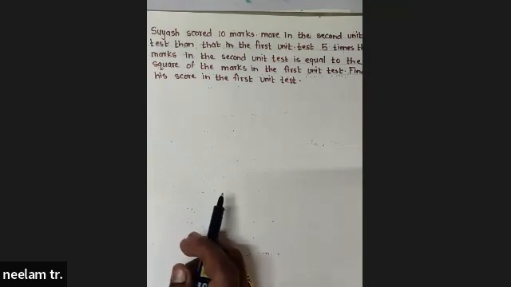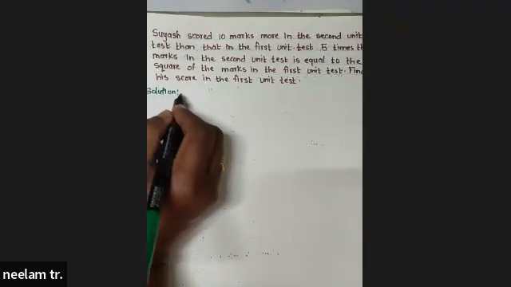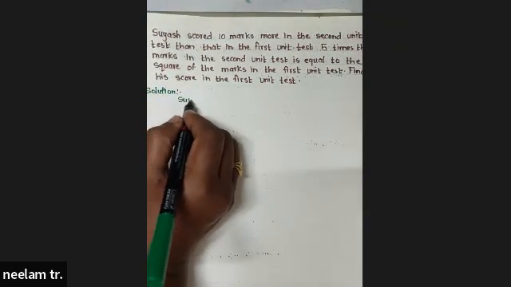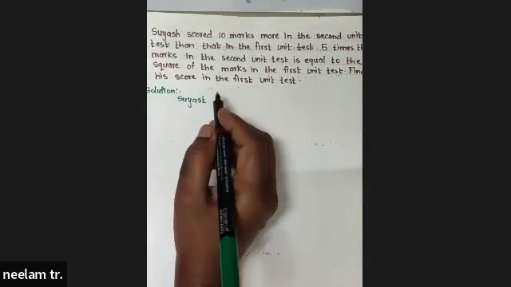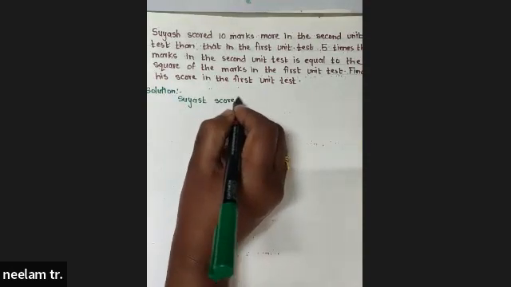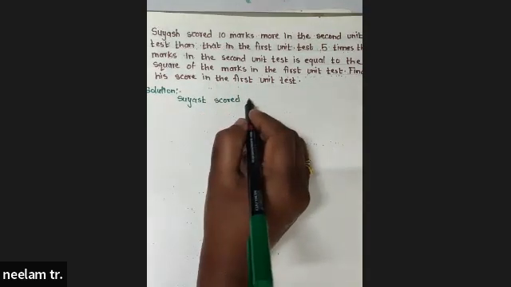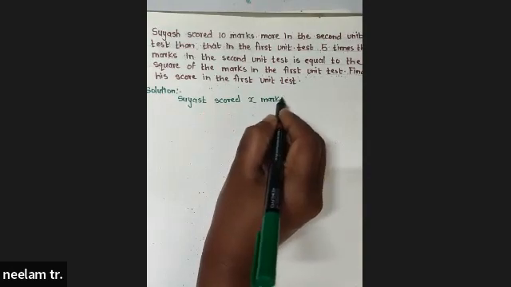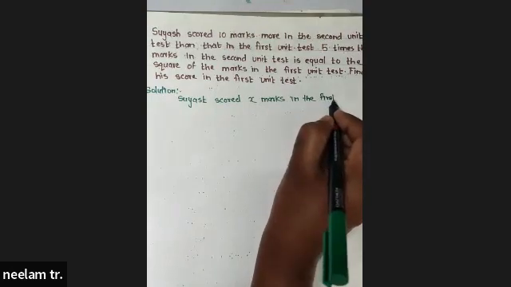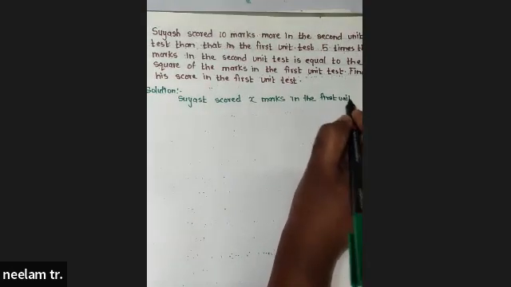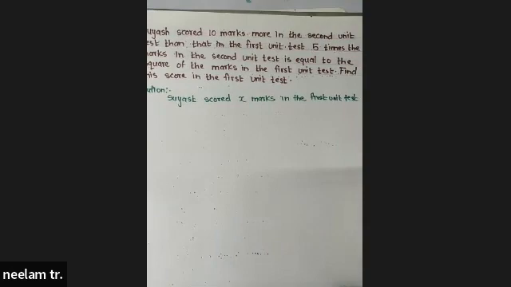So let's solve. Solution: Suyash scored x marks in the first unit test. Understand it very carefully, very slowly.